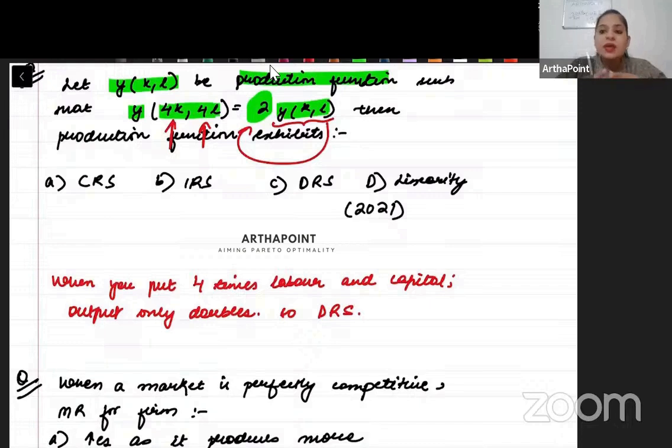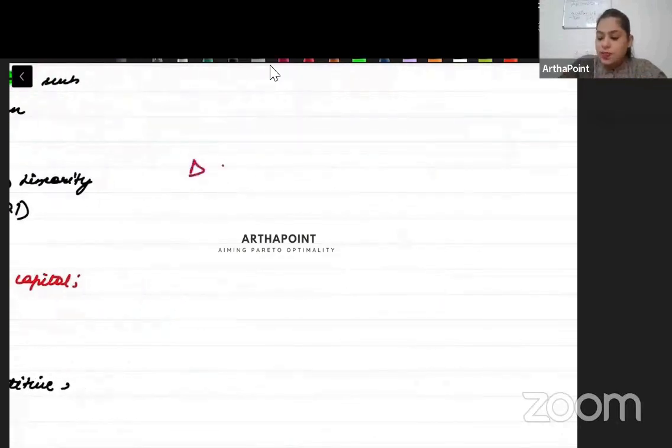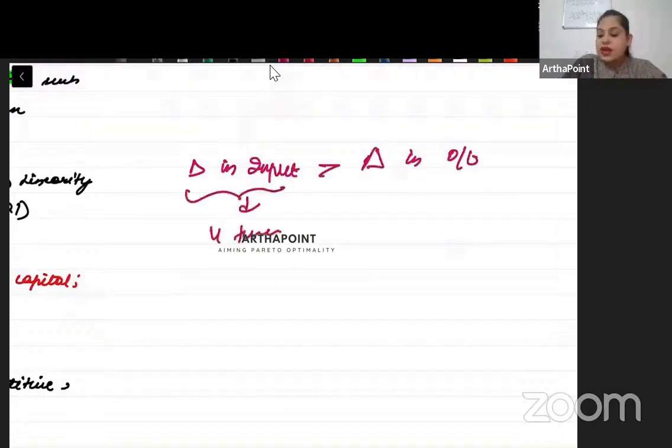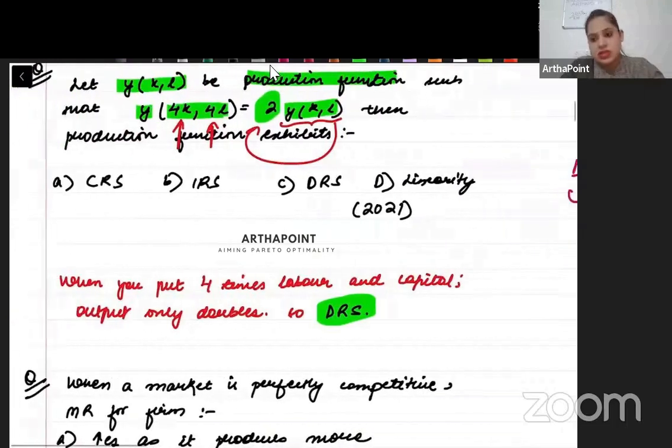So when I am making a 4 times change in labor and capital, output is only increasing by 2 times, which means it is clearly decreasing returns to scale. The change in input is more than the change in output. Input is becoming 4 times and output only 2 times. Therefore, this is decreasing returns to scale.